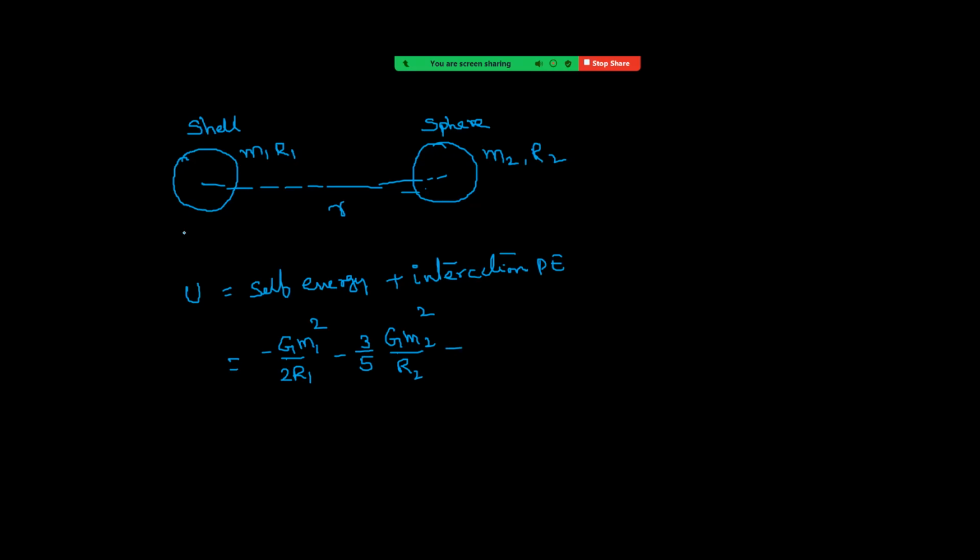Because of interaction, we have to take these two as point masses at their centers. That means it is minus G m1 m2 by r. This is now the potential energy of the system: the sum of the self energies and the interaction potential energy.